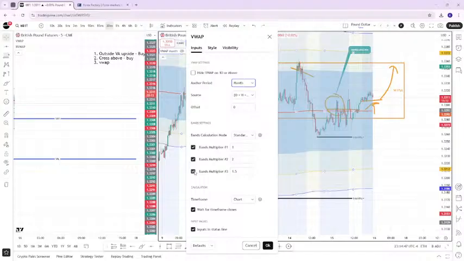Monthly, let's check this one. Monthly, the 1 hour. Also starting to accept inside that, but still rotational. So this is an area.